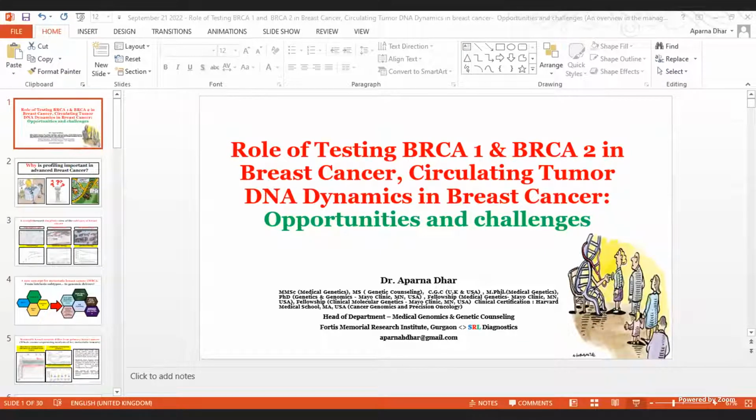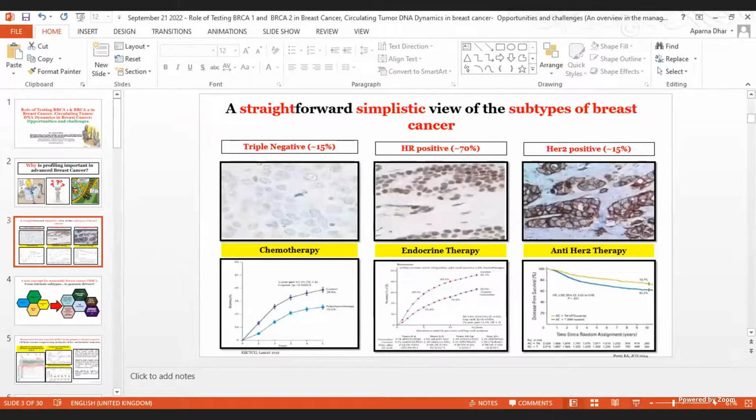Can you go to slide number 2? I'm on slide 2. Can you see? No, ma'am, it's not moving. Make it full screen first, then go to Zoom and share screen, and then click the full screen mode only.